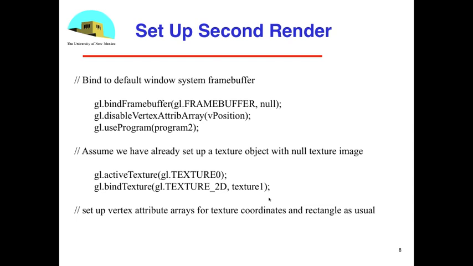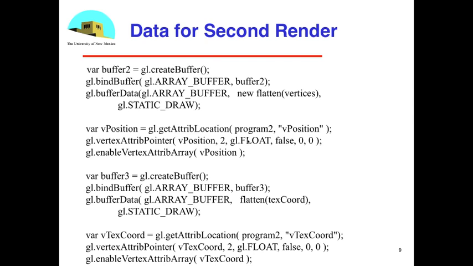It's going to be 4 vertices for the rectangle, and the texture coordinates will correspond to that. Now here's the data that you need for that second rendering. So this is just returning you to have an active texture and to have the normal frame buffer available to you. Okay, let's see how you now do the setup.